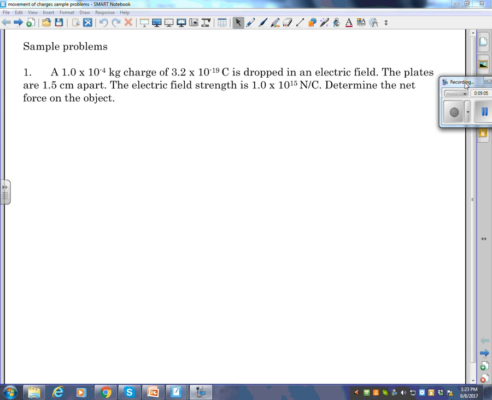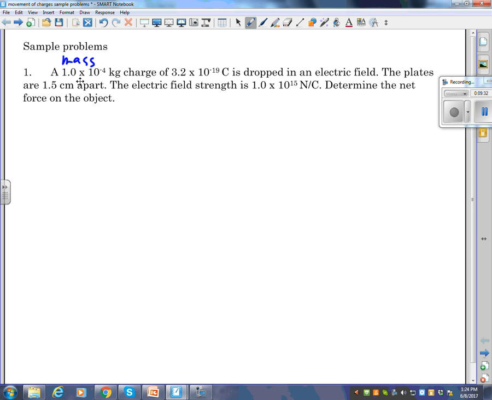Doing the teaching. Okay. A 1.0 times 10 to the minus 4 kilogram charge of 3.2 times 10 to the minus 19 coulombs. You'll notice that it never uses the word mass, does it? You have to get that this is the mass from the fact that it's a kilogram. Yes, reading's important.